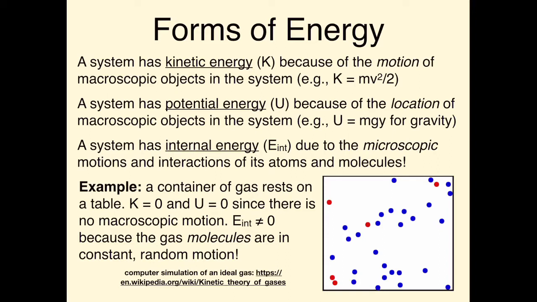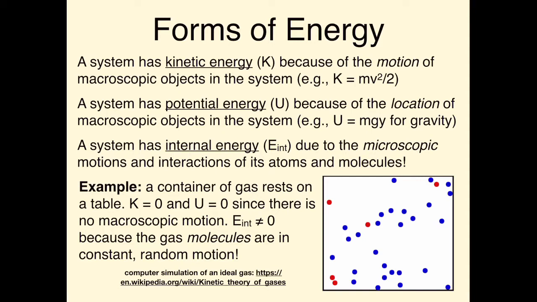On the other hand, if we look at potential energy, it is something a system has because of the location of objects within the system. To make this a little bit more concrete, remember the formula for gravitational potential energy. This is something that you should have seen back in Physics 45. U is equal to mgy.